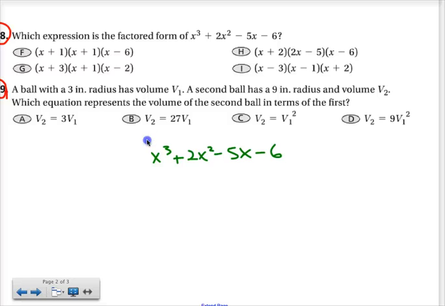So what we would do is take these first 2 terms and say, all right, what can I pull out of just those 2 terms? And that would be x squared times the quantity x plus 2. In the back, when we group these two together, we see that we have a -1, and that's all we can pull out.